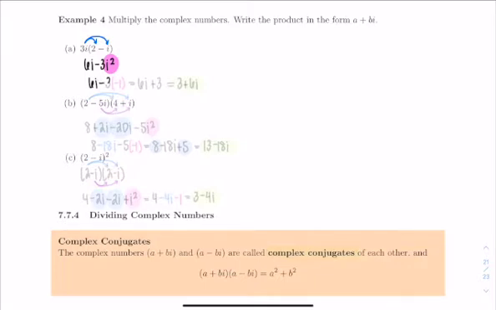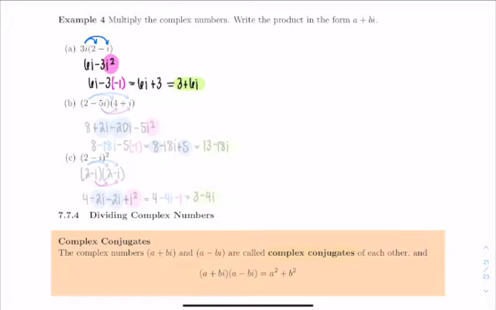So we have 6i minus 3 times negative 1, which ends up giving me 6i plus 3. And we always write this in the opposite direction, 3 plus 6i. Leave that imaginary part in the back.